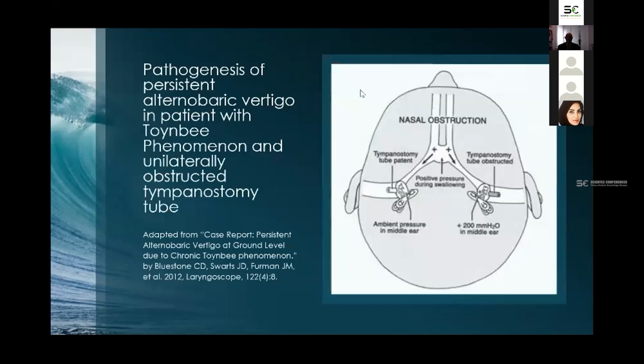Bluestone reported that in this patient, the vestibular function test results were abnormal, and Eustachian tube function test revealed dysfunction of the tube. In order to relieve the Toynbee phenomenon, surgery was performed to replace the obstructed ventilation tube with a patent one.